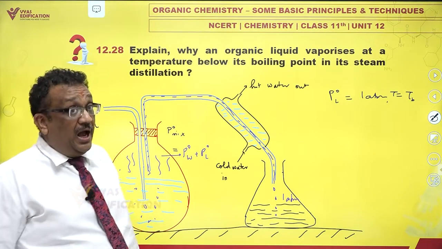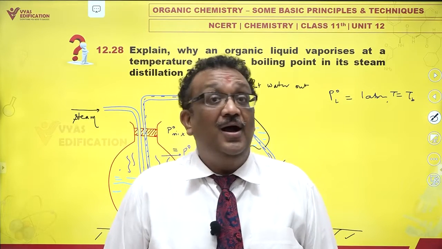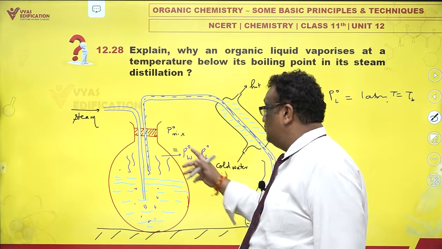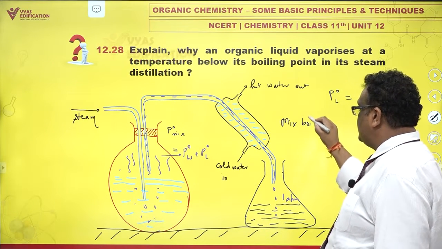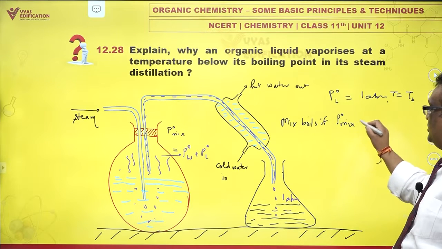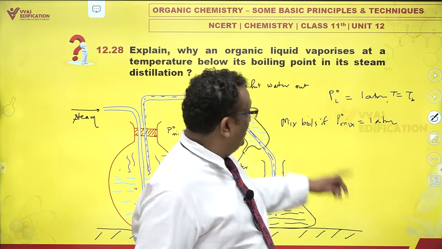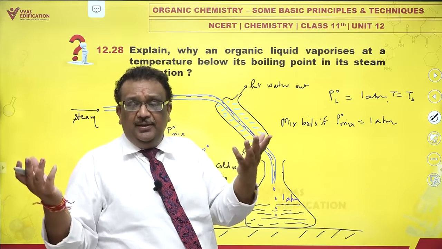Fine. And I would say that this mixture is boiling if the vapor pressure of the mixture is equal to 1 atmosphere. At the temperature at which the vapor pressure of the mixture is 1 atmosphere, I would say that the mixture is boiling.